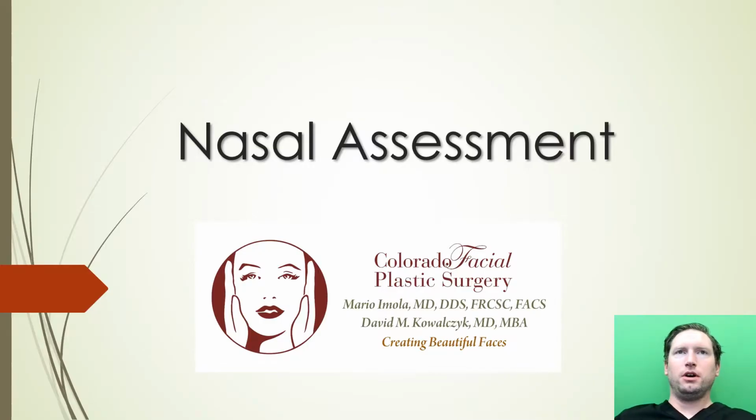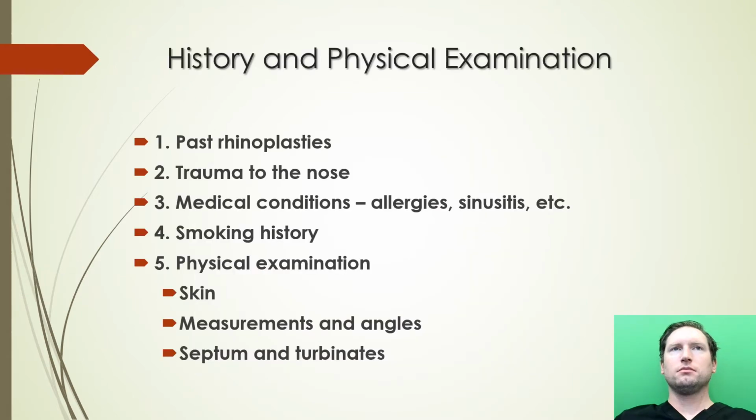Hello everyone. We're going to talk today about nasal assessment and some common terms that we use to evaluate your nose. So the first thing that we do in every rhinoplasty or septoplasty consult is a good history and physical examination.